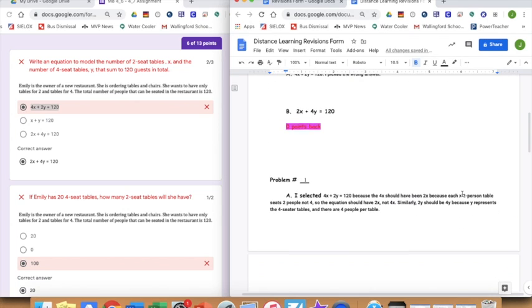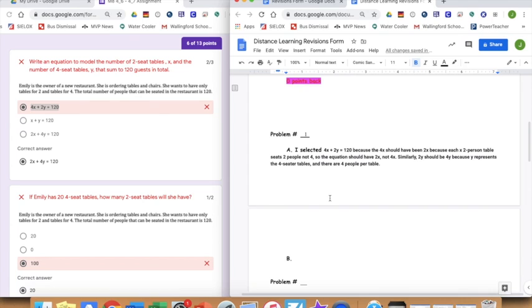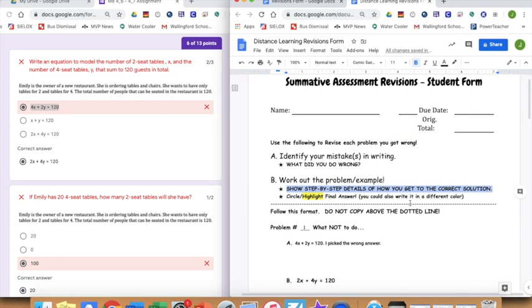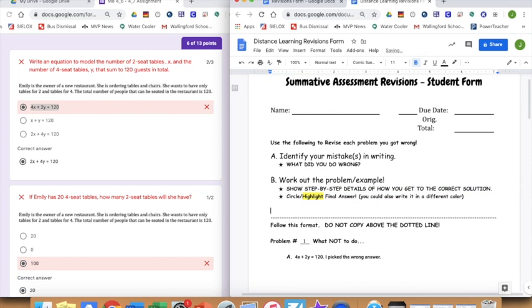And really, to be honest with you, I kind of combined parts A and B into each other. Like I kind of did my step-by-step details of how to do my correct solution up top. So if that happens, if you want to just combine this into one long explanation, that's also going to work. I'll put that up here.